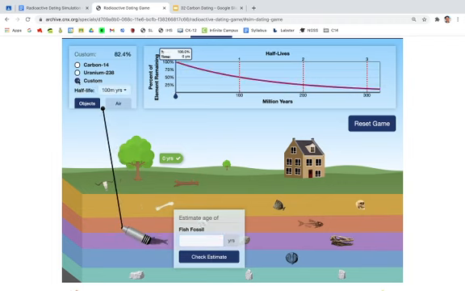Let's now try custom. So within custom, there are a few options. 100,000 years, 1 million years, so it's still not showing up. 10 million years, 14.4. And 100 million years. Okay, so it shows up for both 10 million and 100 million. So you can choose either one of them.